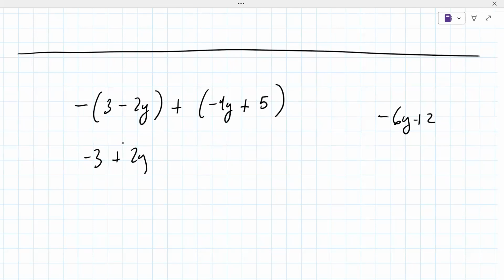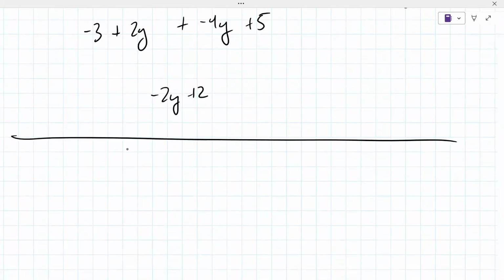So we got minus 3 plus 2y plus minus 4y plus 5. And would that be a minus 2y though? The negative gets distributed to both. It's not a choice. It's not a decision. Distribute it also to the 2y. Yeah. It's minus 2y plus 2.